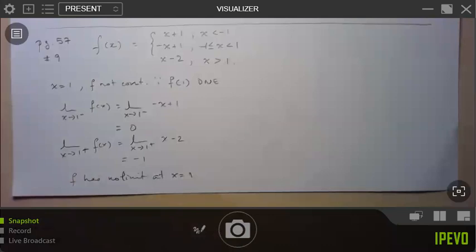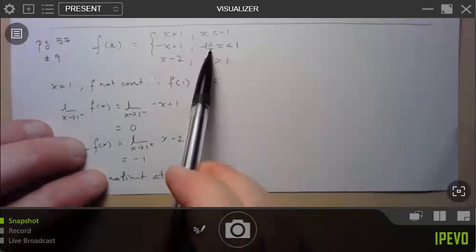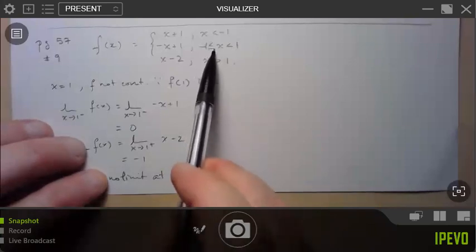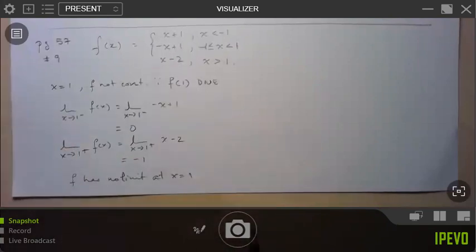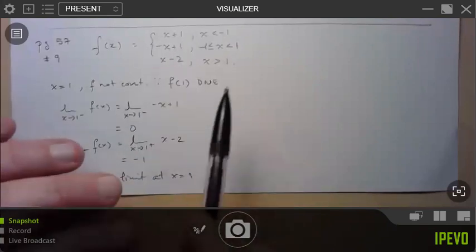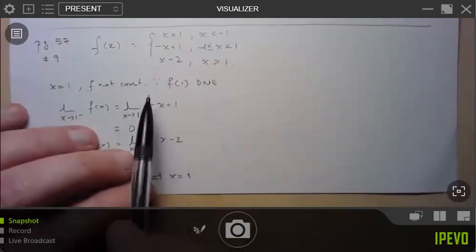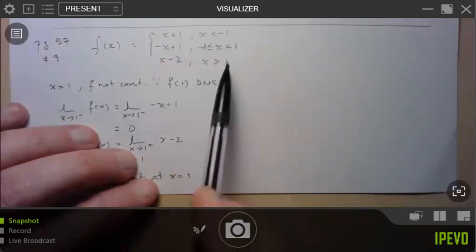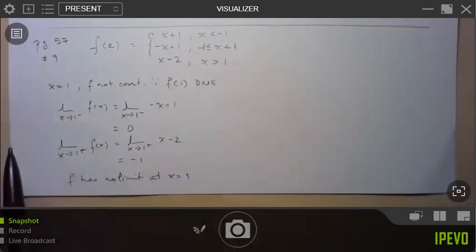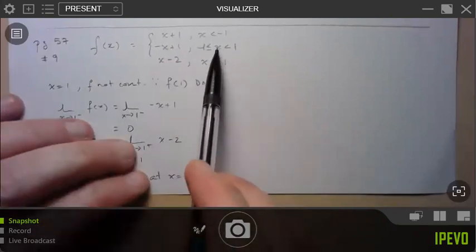Okay, so somebody asked, why is it not defined at 1, but not at -1? Well, because here we see that when x is equal to -1, it has a value. Okay, I'm not sure if it's continuous there, but it has a value. Where if you look at x equals 1, well, there's nowhere here that shows it ever being defined at x equals 1. It's defined for x less than 1.